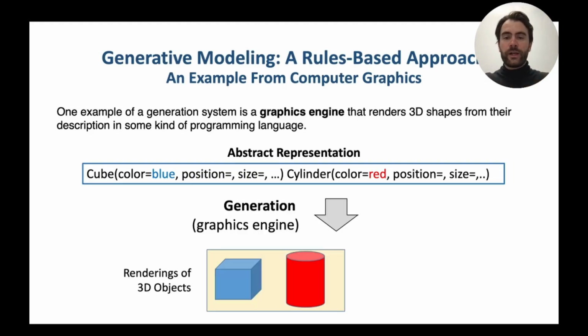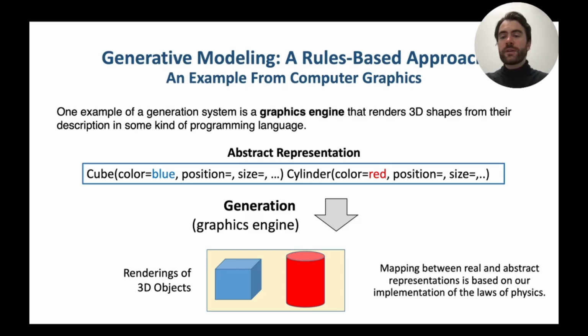The output of that will be some kind of rendering of the objects of the scene that we want to create. And the crucial thing about this process is that the rendering engine is based on a set of rules that were created by the user.